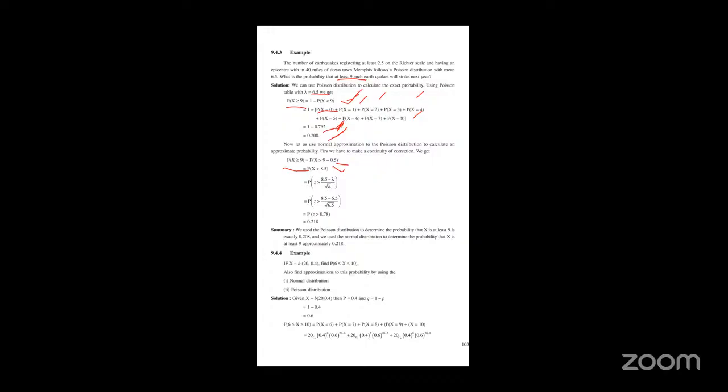This becomes the probability of Z greater than 8.5 minus lambda by root lambda, in the form x minus mu by standard deviation.